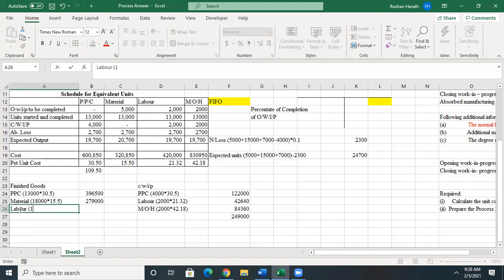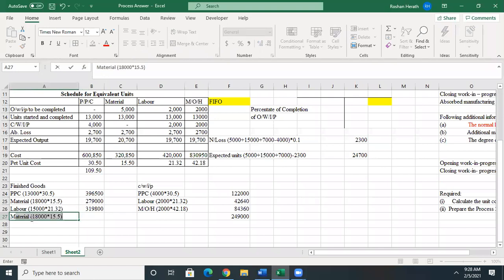you have 15,000 units, 13,000 plus 2,000. That's what you have completed. And it's 21.32. 15,000 into 21.32.